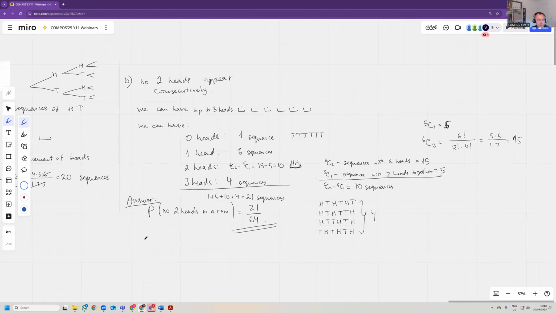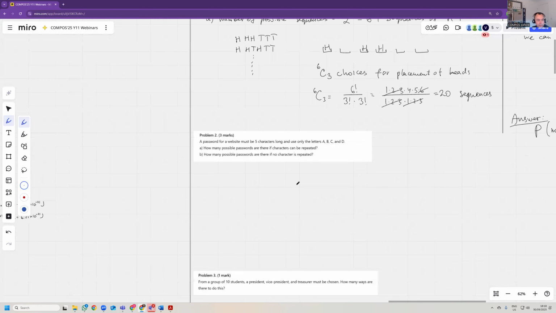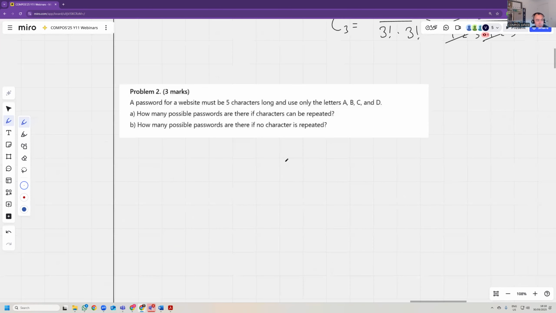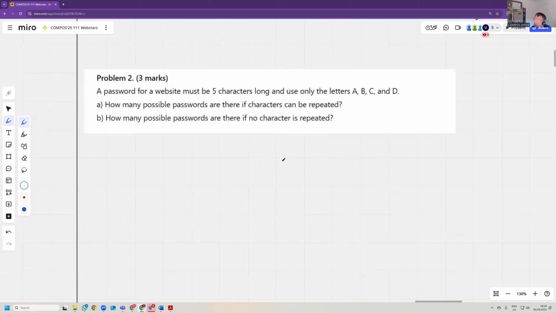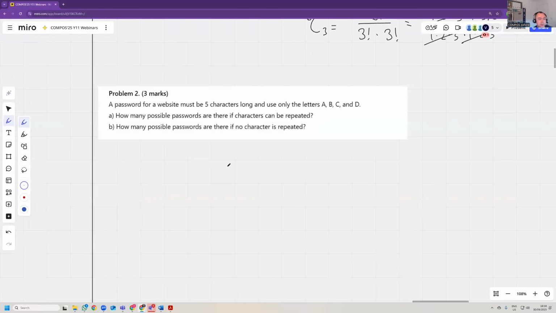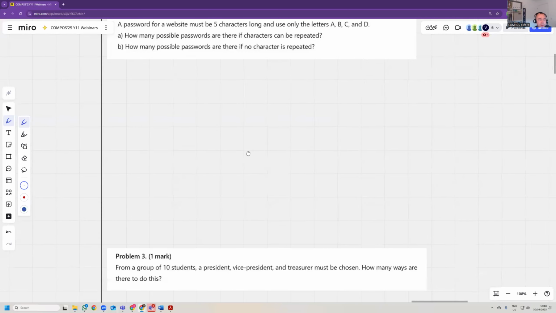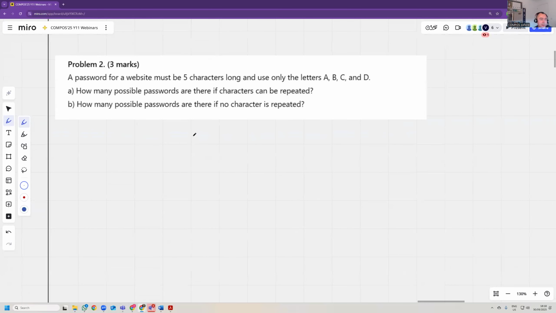The next, a password for a website must, the remaining questions are simpler. I think problem 1 was on the harder side. A password for a website must be 5 characters long and use only letters A, B, C, and D. How many possible passwords are there if characters can be repeated?